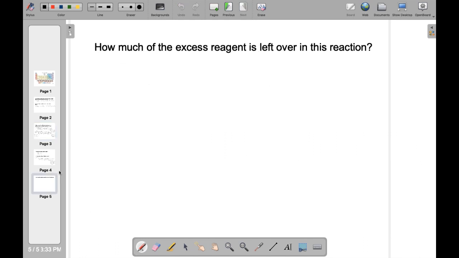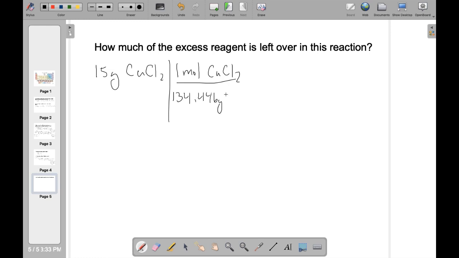So let's go ahead and do that. 15 grams of copper chloride. And luckily enough, I have all of these molar masses already. So 1 mole of copper(II) chloride is going to be equal to, yet again, 134.446 grams of copper(II) chloride.